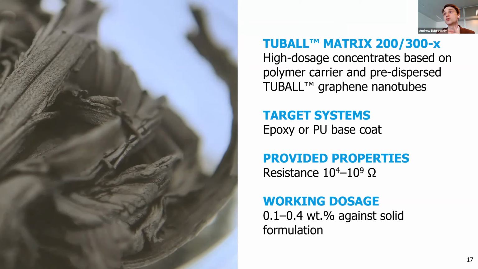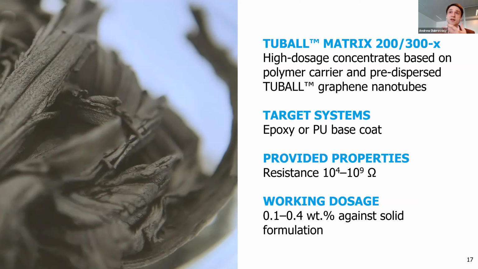It's easy for you to dose them and to mix them in ordinary, commonly used equipment, for example, dissolvers. And our additives can provide a huge range of electrical conductive properties in your final top coating.